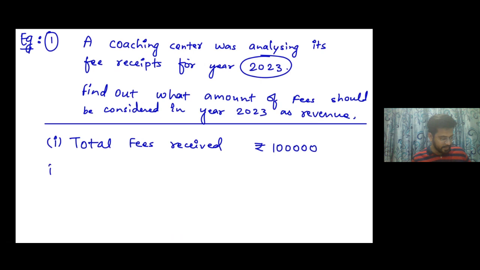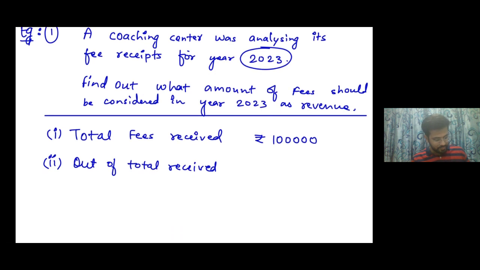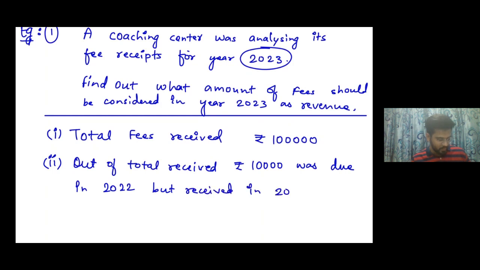Second, out of total received, rupees 10,000 was due in 2022 but received in 2023. That is the first information given.